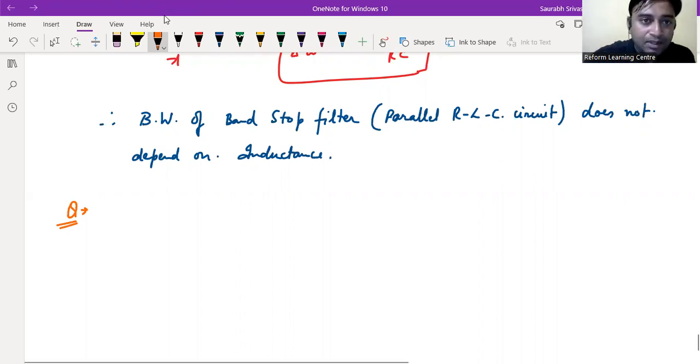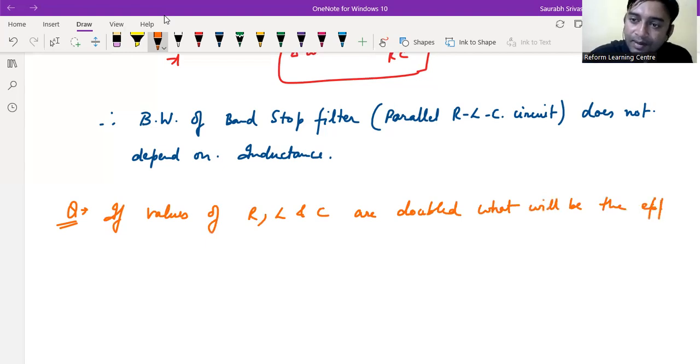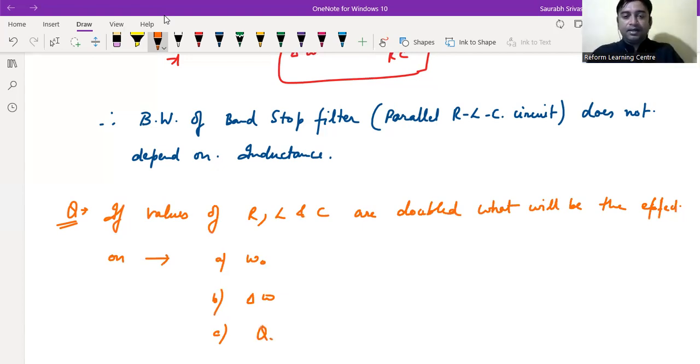Like, एक क्वेश्चन देता हूँ आपको. If values of R, L, and C are doubled, what will be the effect on omega naught, delta omega, and Q, the selectivity or quality factor of circuit? इन पे क्या effect पड़ेगा?